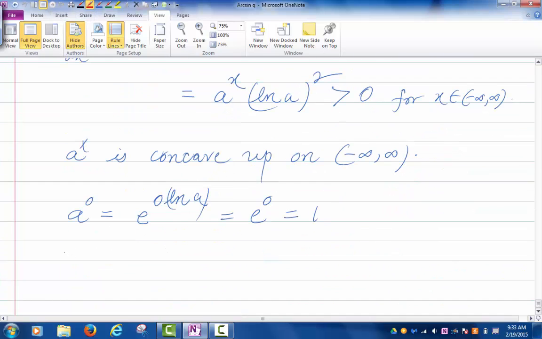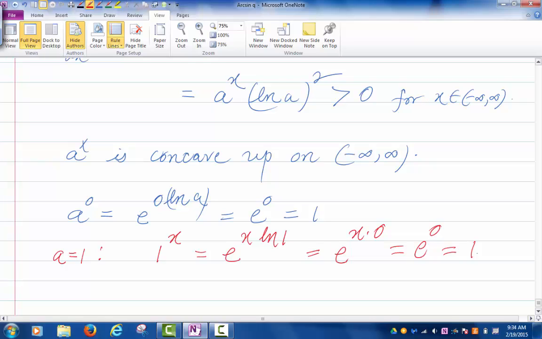If a is 1, that means I have 1 to the power x. By definition, this is e to the x ln of 1, which is e to the x times 0, which is e to the 0, which is 1. So this is for any x.